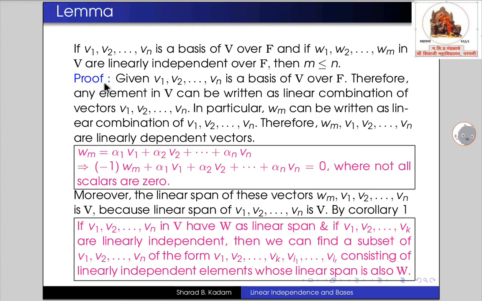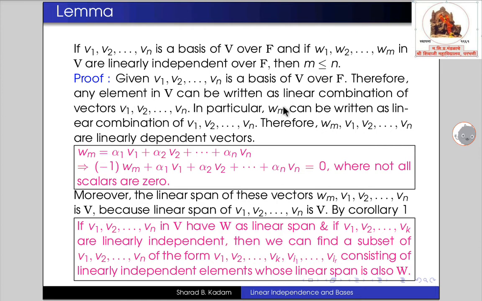So we begin with the proof. We are given v1, v2, and so on up to vn is a basis of V over the field F. So by the definition of basis, every element in V can be written as a linear combination of these basis vectors. Here v1, v2, ..., vn are called basis vectors.